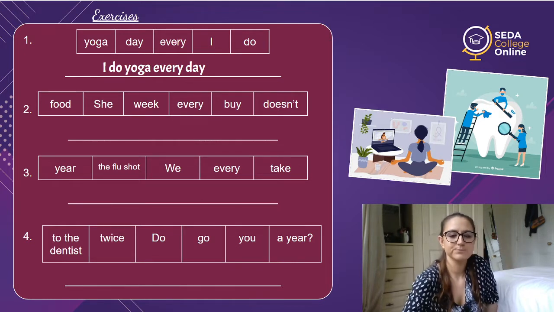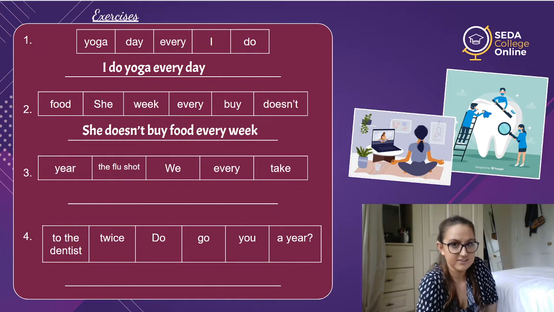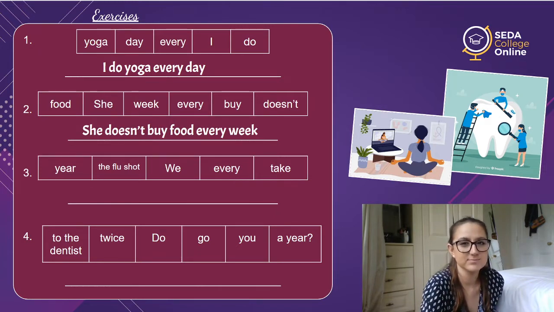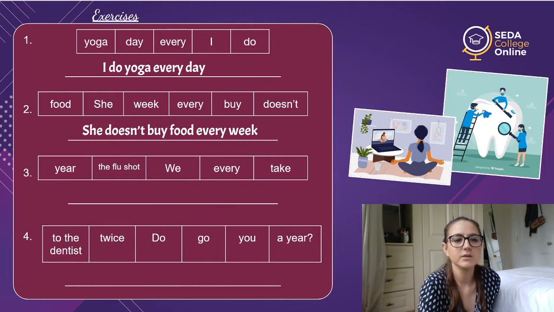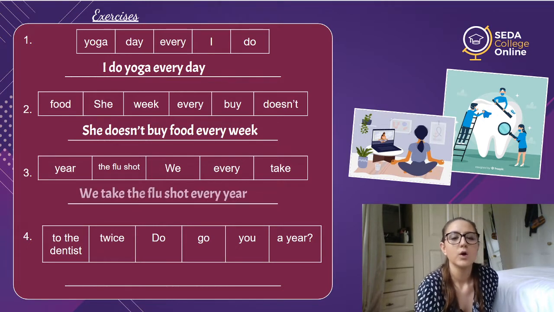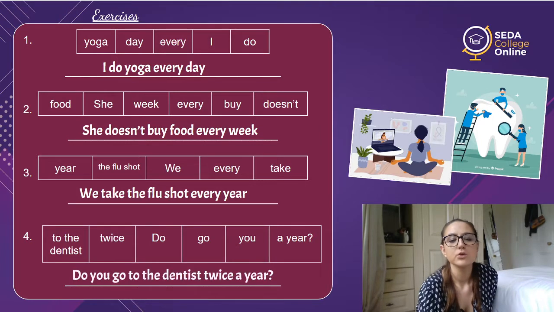Everybody doesn't. She doesn't buy food every week. Did you get that? Number 3. We take the flu shot every year. Number 4. Do you go to the dentist twice a year?